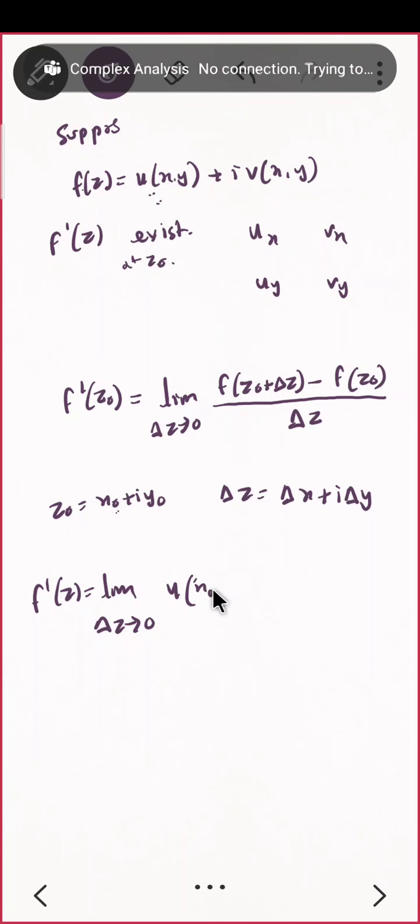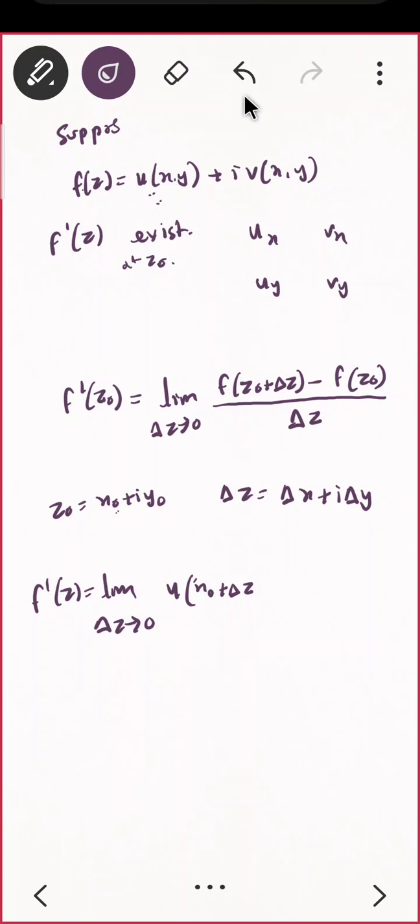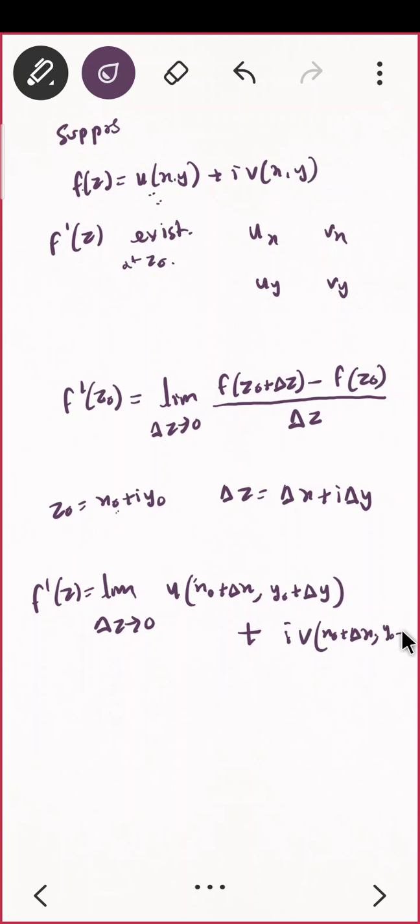We agree? Minus f of z naught. It should be u plus i v. v will also have the same coordinate, that is x naught plus delta x, comma y naught plus delta y.